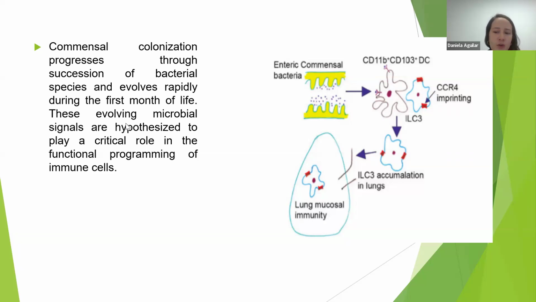Then, chemokine receptors regulate trafficking of type 3 lymphoid cells, which migrate to the lungs, maintaining the homeostasis in lung mucosal immunity. The disruption of commensal bacteria interrupts the migratory program of lymphoid cells, impairing their ability to traffic to the lungs and rendering the newborn mice more susceptible to pneumonia. In order to prove their hypothesis, they tried to prove each step of this crosstalk.